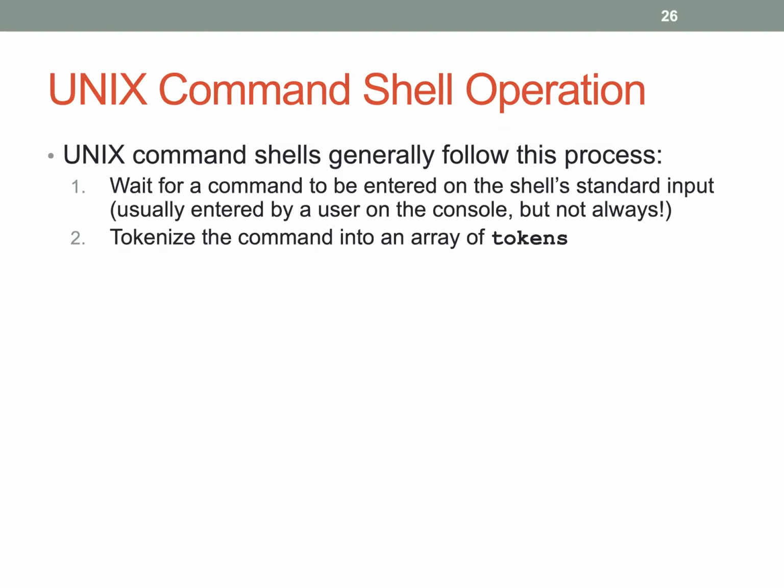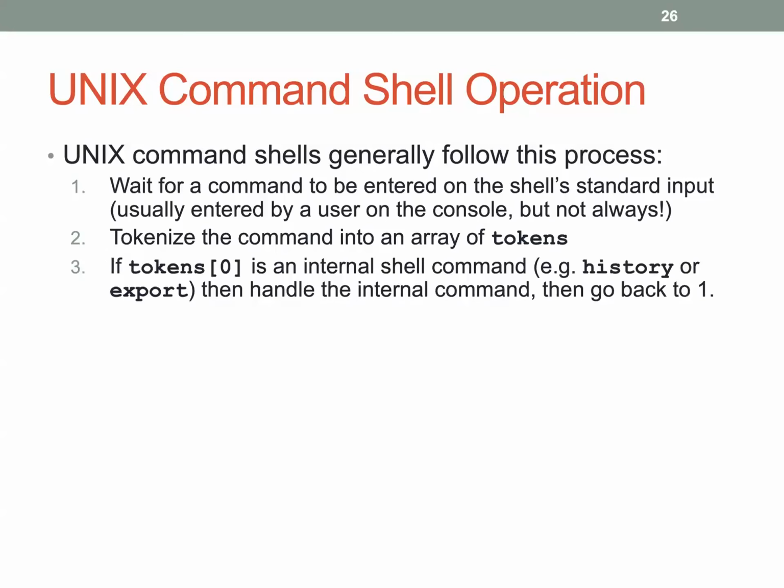Your shell doesn't have to support single quotes or backticks, but bash does, for example. You only have to support double quotes for tokens that include spaces. You don't even have to escape double quotes. If the first token is an internal command, some commands are internal so the shell implements them, then you go ahead and handle them.